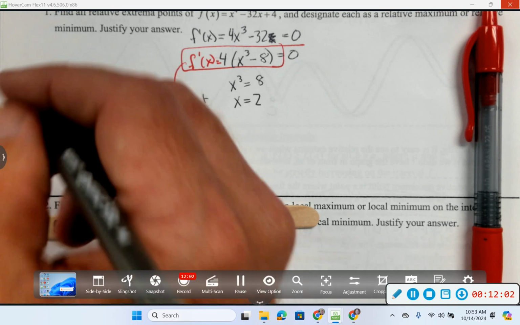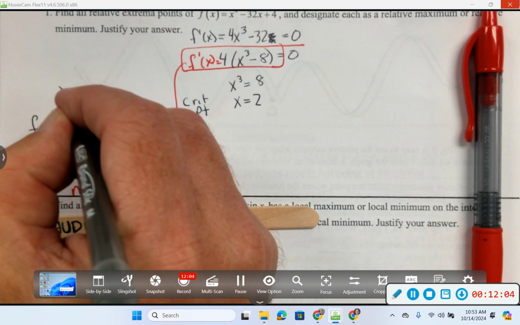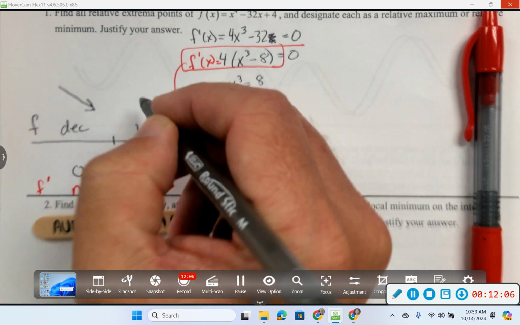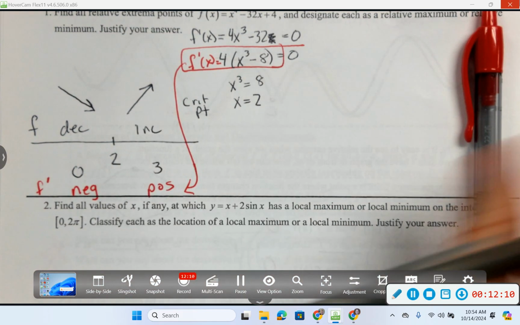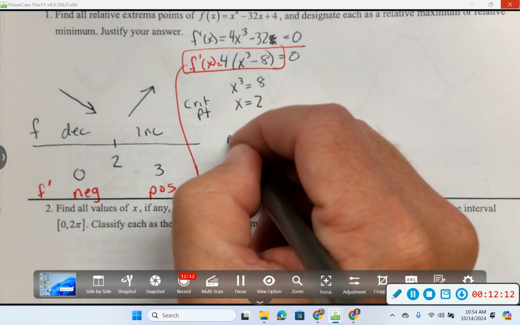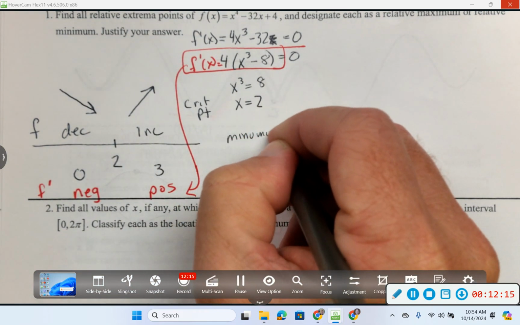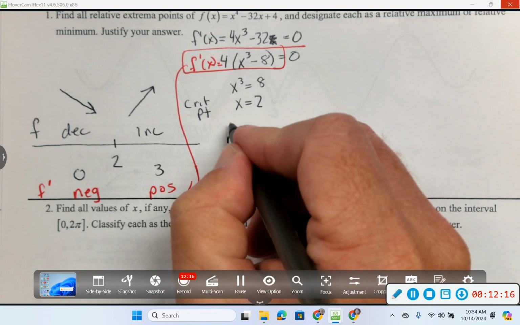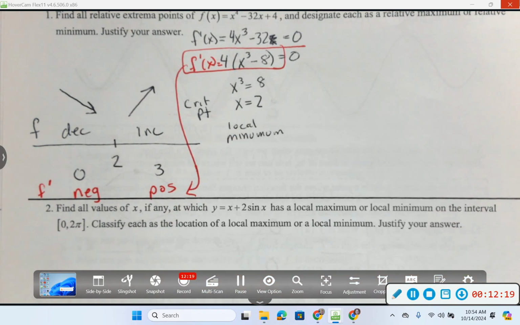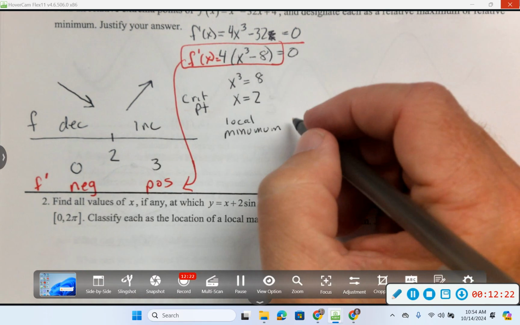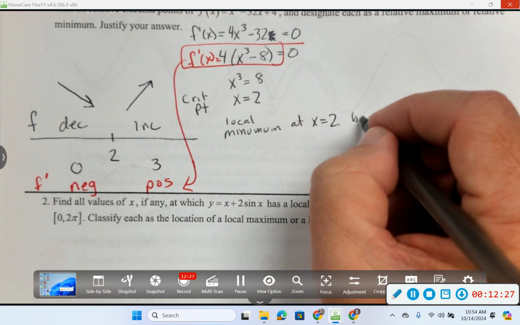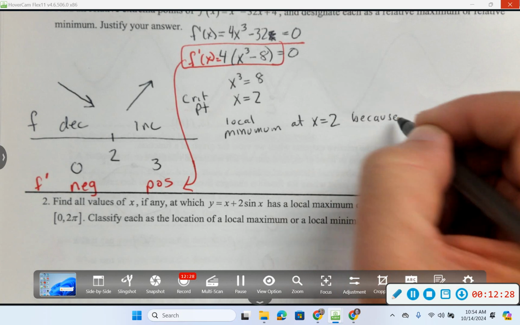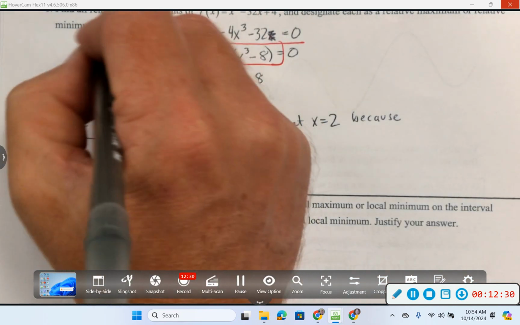Min. Some people even draw the picture. It makes it even more clear. If we go from decreasing to increasing, well, pretty sure there's a minimum there. So minimum, I'll say local minimum because I don't know what's going on elsewhere, but I just know that at 2 we're at the bottom of a valley here. Local minimum at x equals 2, because here's the justify part.